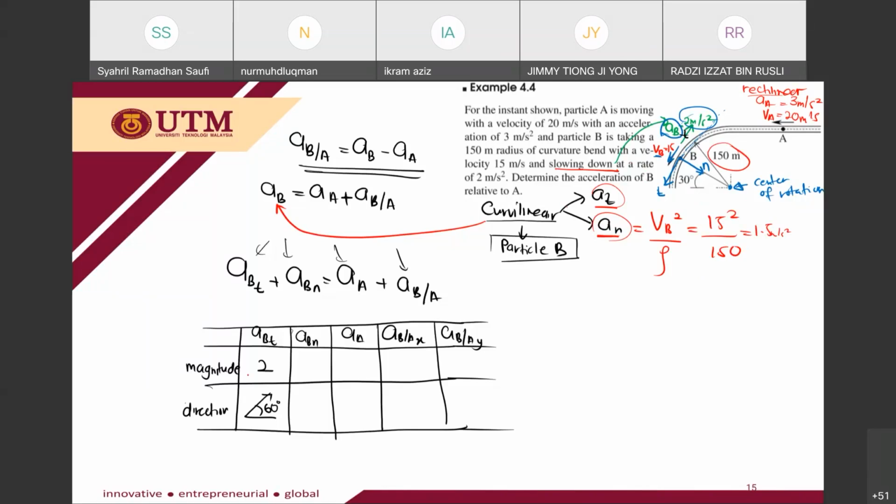So the magnitude here is 1.5. Then you need to determine the angle from the horizontal axis. This angle is actually the same as this angle, which is 30 degree.